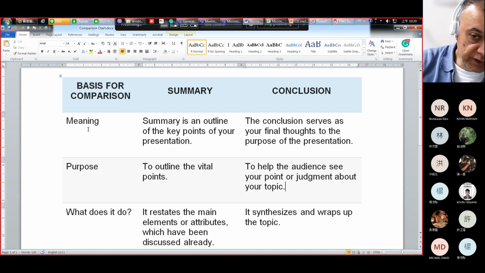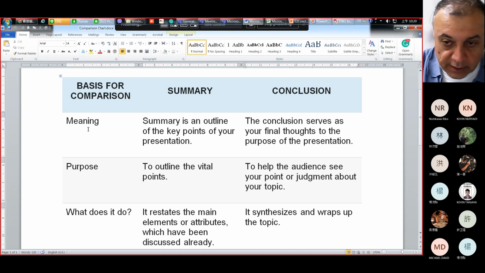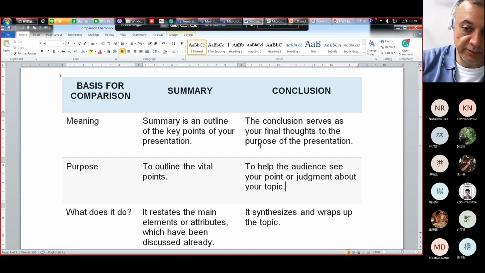And they have the conclusion of why this hypothesis might have not worked or why it is different. And so what should we do about it? So that's the conclusion. Conclusion is the final thoughts to the purpose of your presentation.